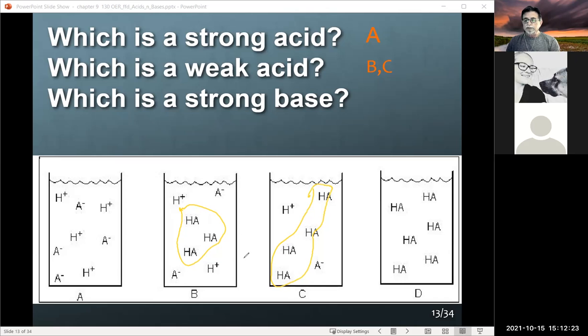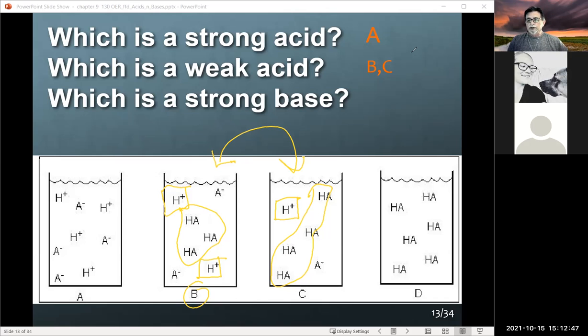And if I needed to compare just these two and see which one's stronger, I would have to say B was, simply because there are more protons in solution for B than for C. So within B and C, B will be a little bit stronger.